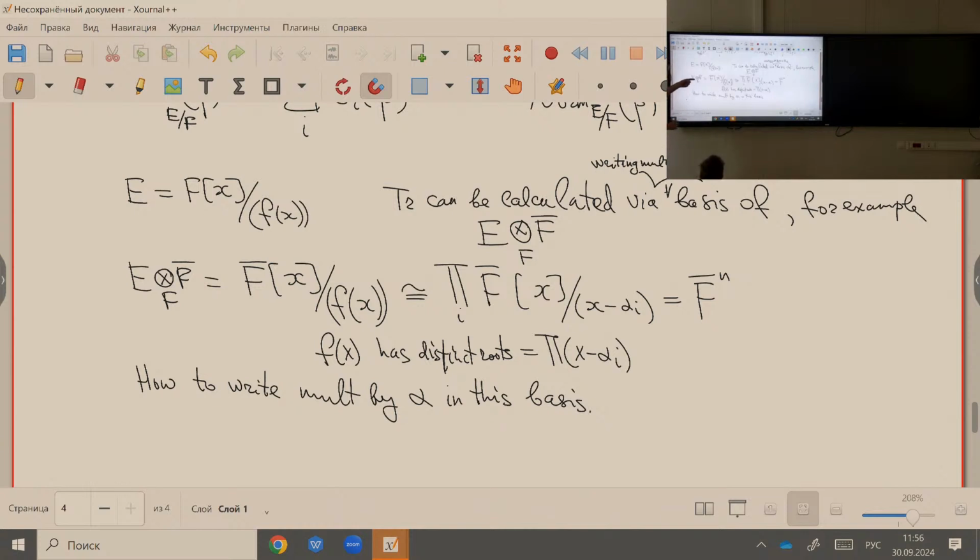But alpha here is what? It is an image of x.